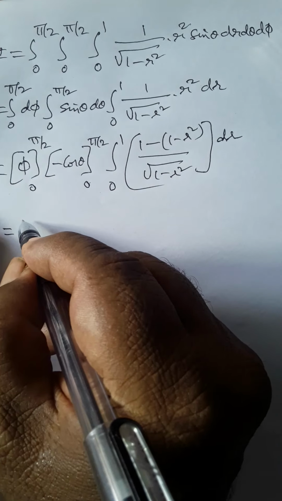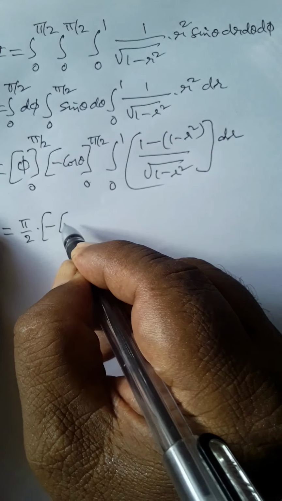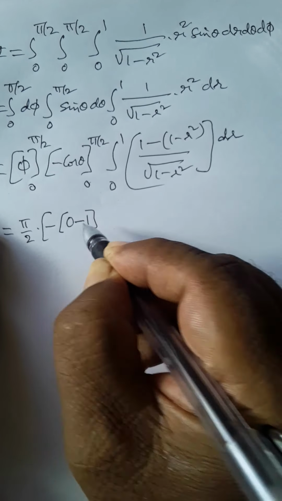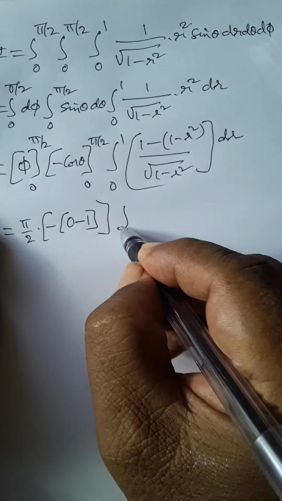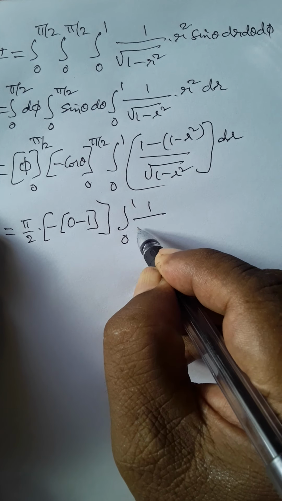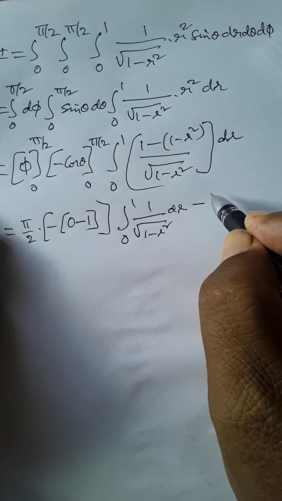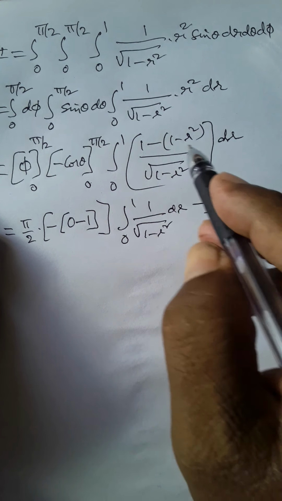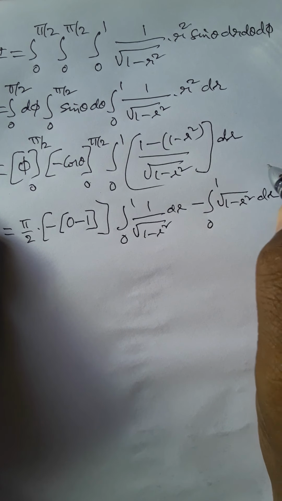Here pi by 2 minus 0, upper limit minus lower limit, minus cos pi by 2 is 0, cos 0 is 1. Here separate it, integral 0 to 1 by root over 1 minus r square dr, minus integral 0 to 1 r square by root over 1 minus r square dr.